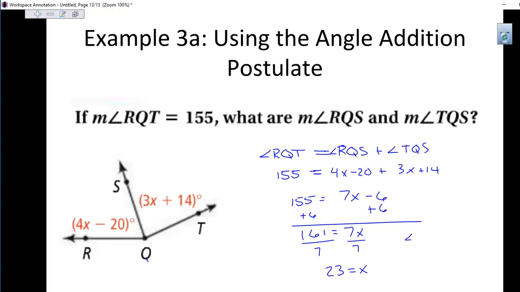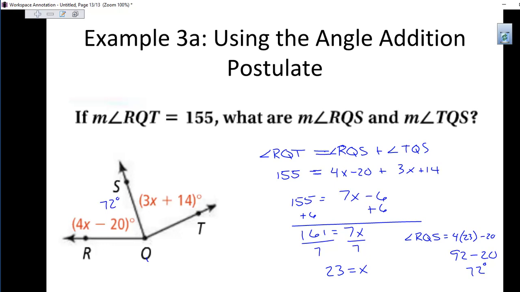So angle RQS is equal to 4 times 23 minus 20. Okay, so 4 times 23 is 92 minus 20, which gives us 72. So 72 is RQS.